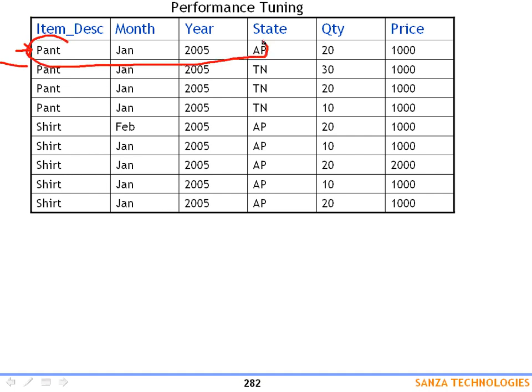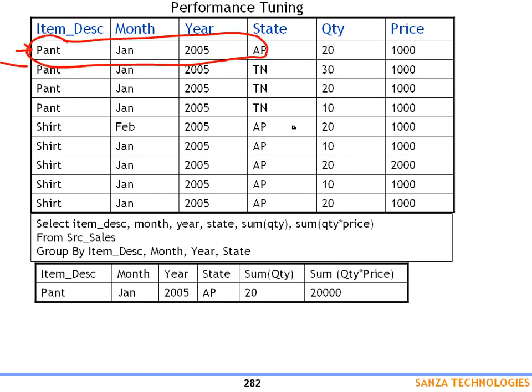Previously, it was going till the end of the cache. But if there is a change in the combination, that combination record does not exist further, so it sends out AP20. Then it goes to the next unmarked record and scans the cache: same combination, PAN January 2005 Tamil Nadu, again and again. Next, shirt. So there is a change in the combination.